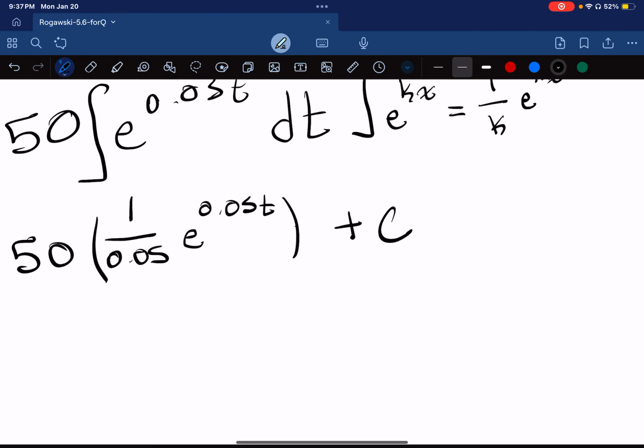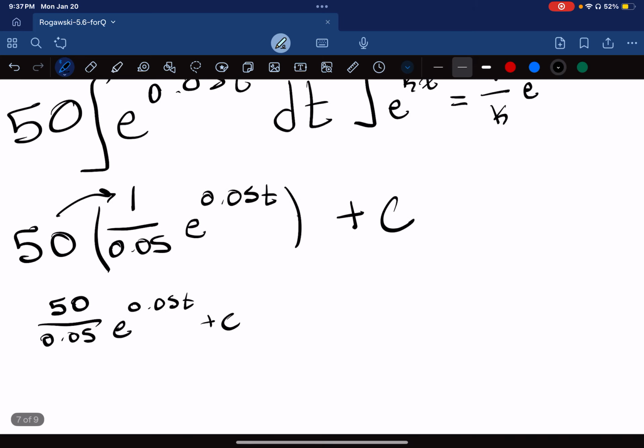Now, something I usually like to do is, because I removed this constant previously, I'm going to multiply it in. And I end up with 50 over 0.05 e to the 0.05t plus c, which very, very nicely ends up simplifying, because 50 divided by 0.05 is simply equal to 1,000.